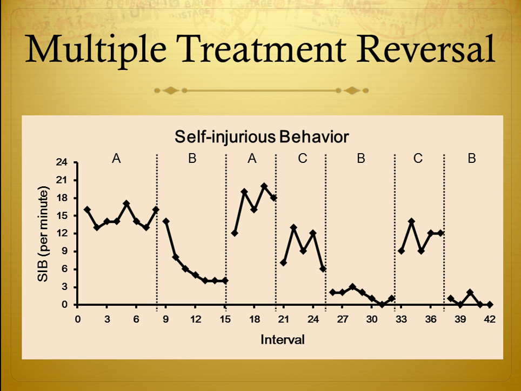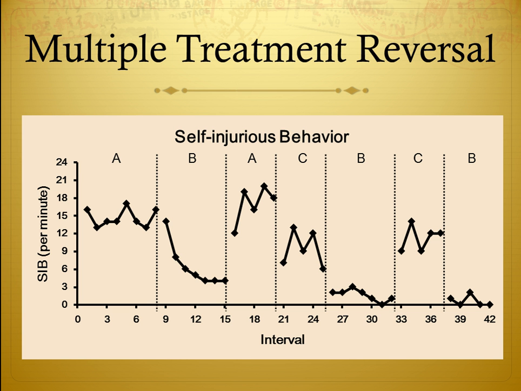The B phase, between interval 9 and 15, an intervention has been introduced, and we see that the behavior, SIB, that's self-injurious behavior, the incidence of self-injurious behavior per minute has decreased. Notice that it didn't decrease immediately, but it does decrease.